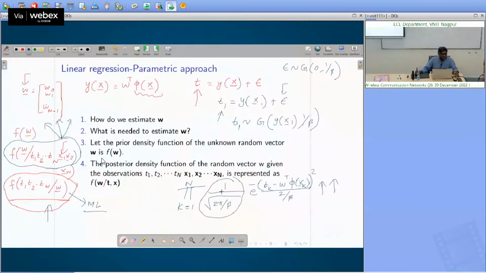So when I take ln of it, the product will become a sum over k equal to 1 to n of (tk minus W transpose phi of xk) the whole square. Of course, we have some constant in it, which is also not really needed.